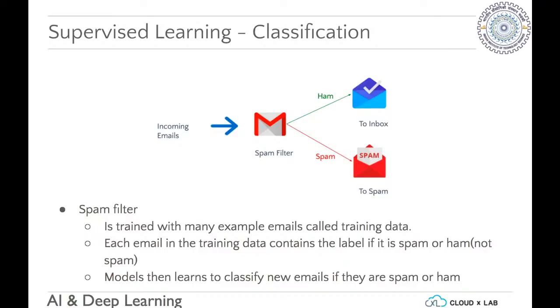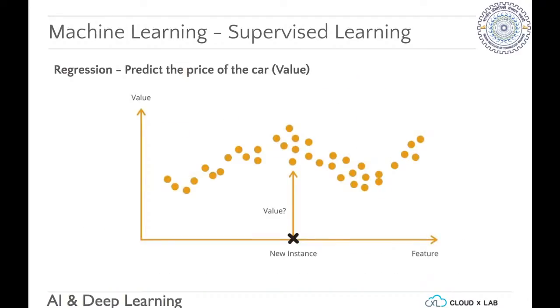So spam filter is an example of supervised machine learning. I'll talk about something called clustering, which is not like classification, because here we have the label available in the training data saying that this belongs to this bucket.